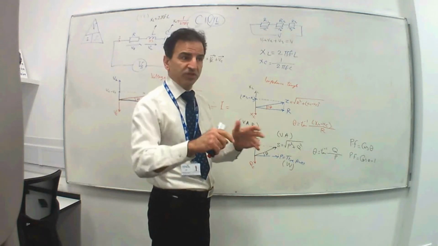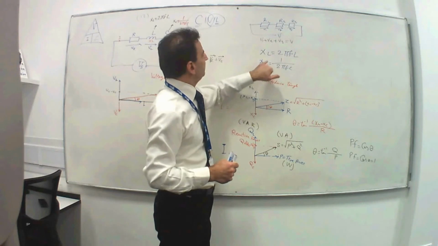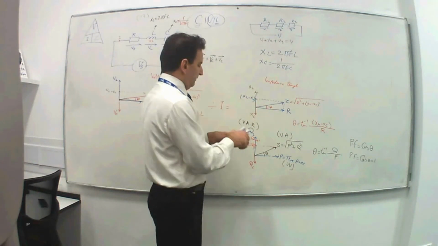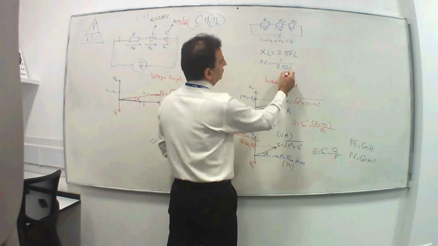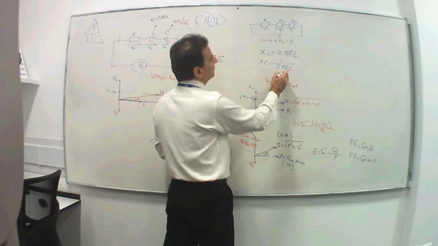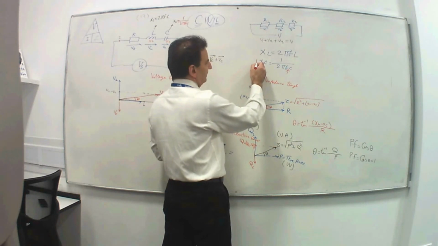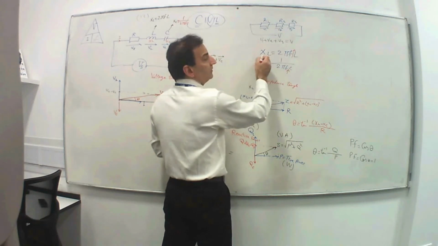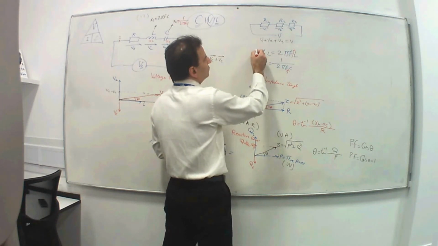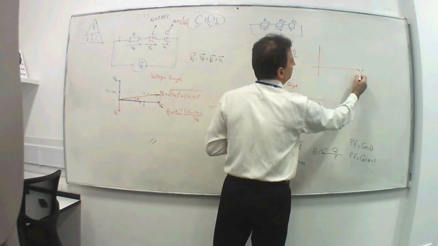You can't change the values. But when you change the frequency, because they're dependent on frequency, if the frequency of the circuit goes up, the capacitive reactance comes down, and if the frequency goes up, inductive reactance goes up.